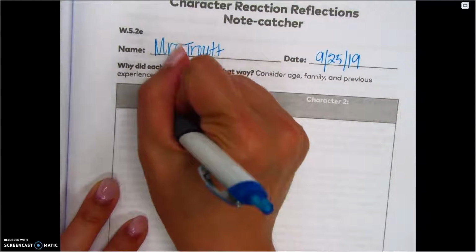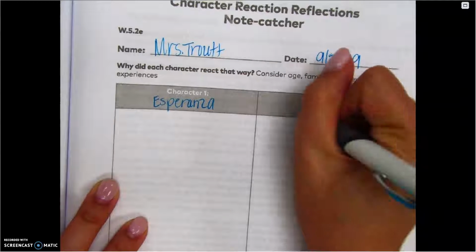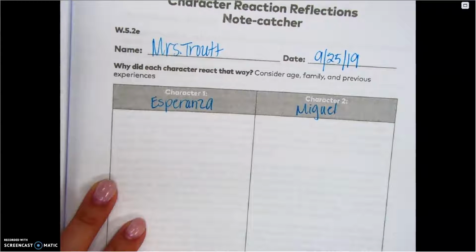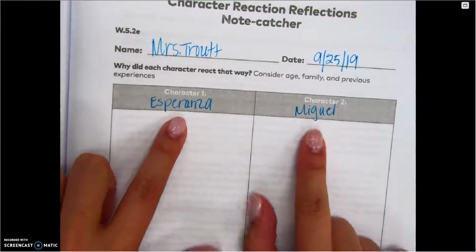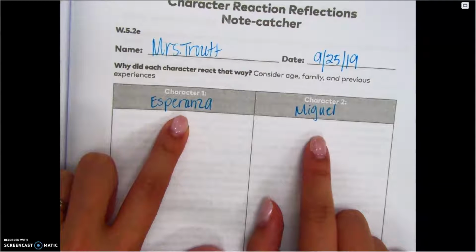So mine is going to be Esperanza and Miguel. And you will have something different. So you've already written your characters' names, character 1 versus character 2. I want you, just the right-hand side, you're on the right-hand side, to turn and tell your partner, who are you writing about?